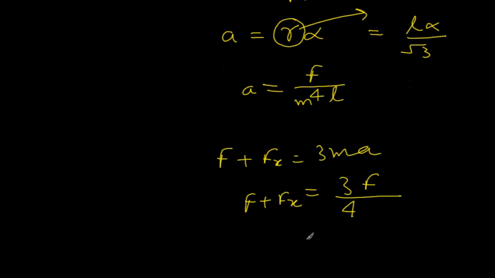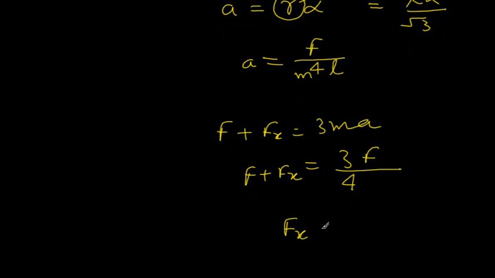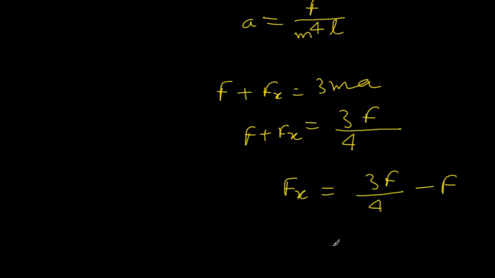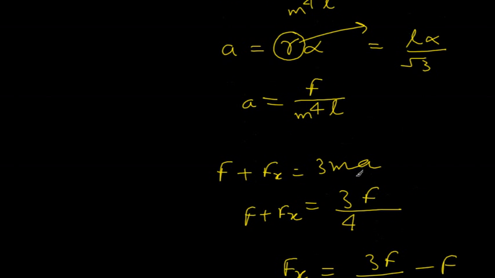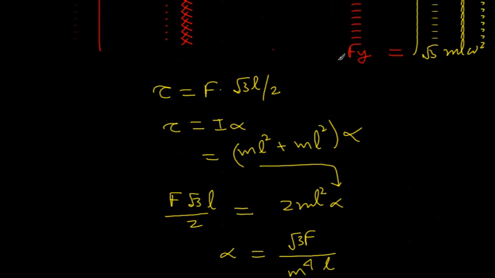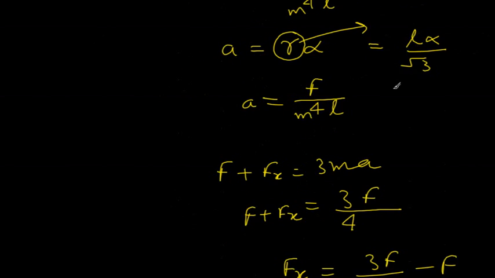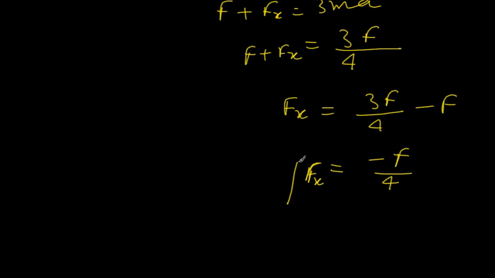Now you get the value of Fx: 3F by 4 minus F, so Fx would be minus F by 4. Similarly, we have already got Fy. Fy is root 3 m L omega square, and Fx is minus F by 4.